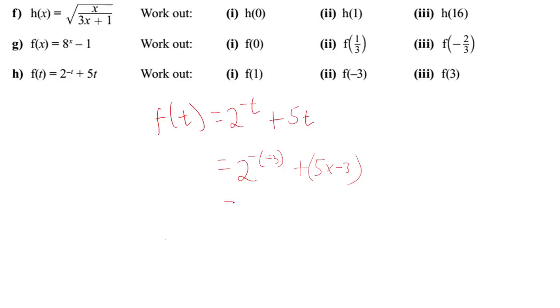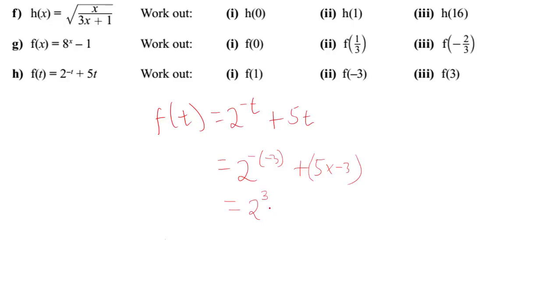Okay, moving on. Now, when you have a negative in front of a bracket like that, it means you just basically timesing it out. You can look at this as -1. So if you do -1 times by -3, it becomes positive. If you just say minus minus becomes positive. So I've got 2 to the power of +3. And then here I've got 5 times by -3, which becomes -15.